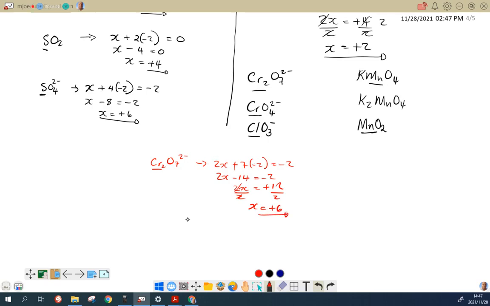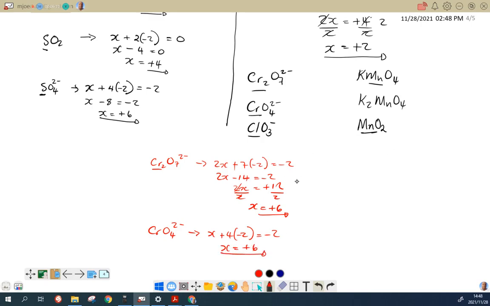And then the next one, the chromium in chromate is also going to be x plus 4 times minus 2 is equal to minus 2. Transpose that minus 8 to the other side, so your x is going to be equal to plus 6.